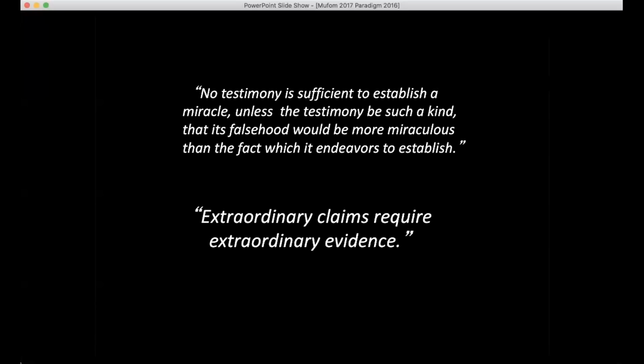And we can add to that: extraordinary claims require extraordinary evidence. That's where Carl Sagan was pulling his quote from, this other quote. I forget who it was by, but I'm going to make some claims here that are going to be extraordinary, but I'm also going to present you with the evidence.